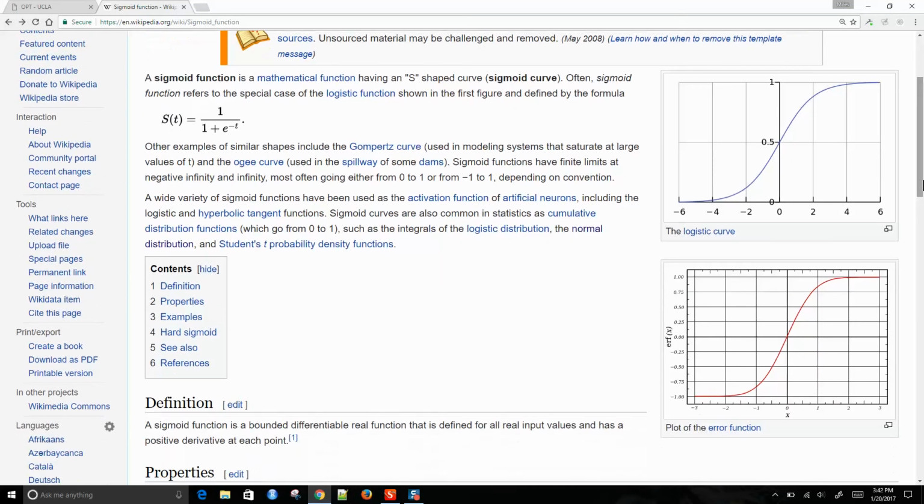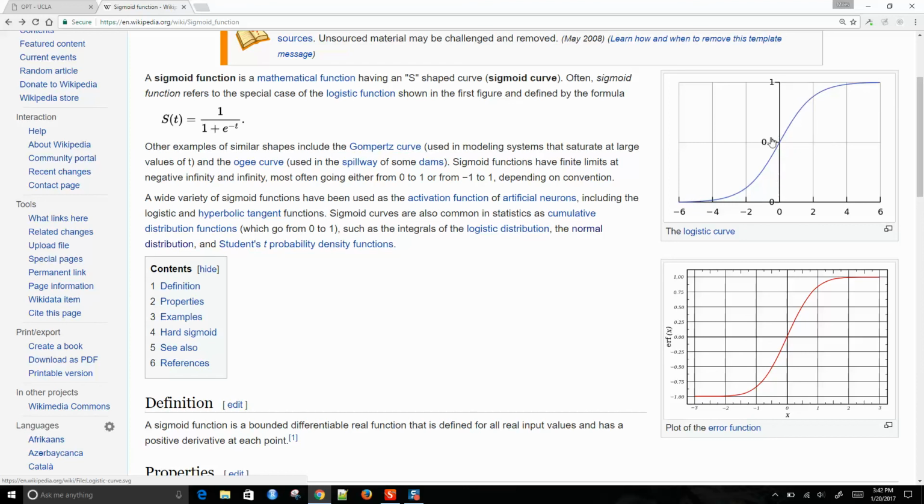Basically it's just 1 over 1 plus e to the negative t. You take the input, which can be anywhere from negative infinity to positive infinity, and it reduces it to a scale from 0 to 1.